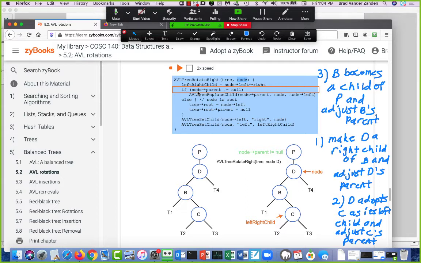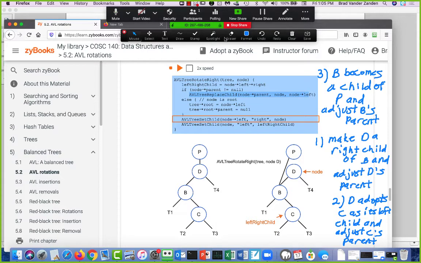But here, we're checking to see whether the node has a parent, which it does. So it's not equal to null. And we move down to replace child. And you can see that this replace child was replacing the child for node's parent. So the parent of node is P.